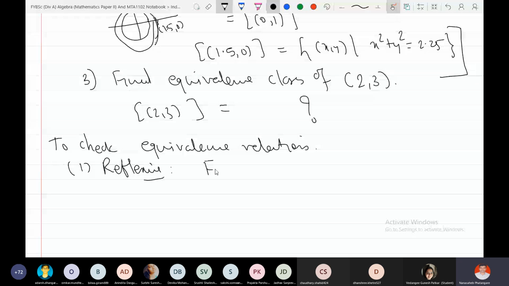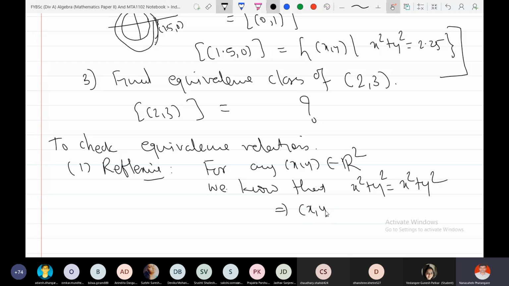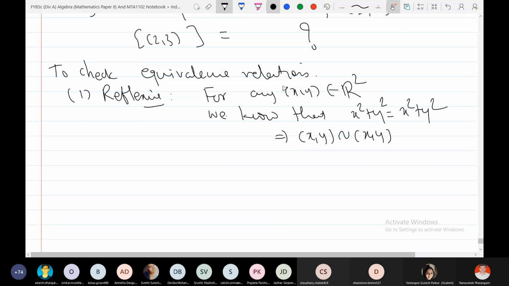Reflexive is clear, for any (x, y) in R2, because our set is R2, we know that x square plus y square is the same as x square plus y square. That means by definition of this relation, (x, y) is related to (x, y) for any (x, y). So (x, y) is a notation. I am just selecting an arbitrary point from this set R2.